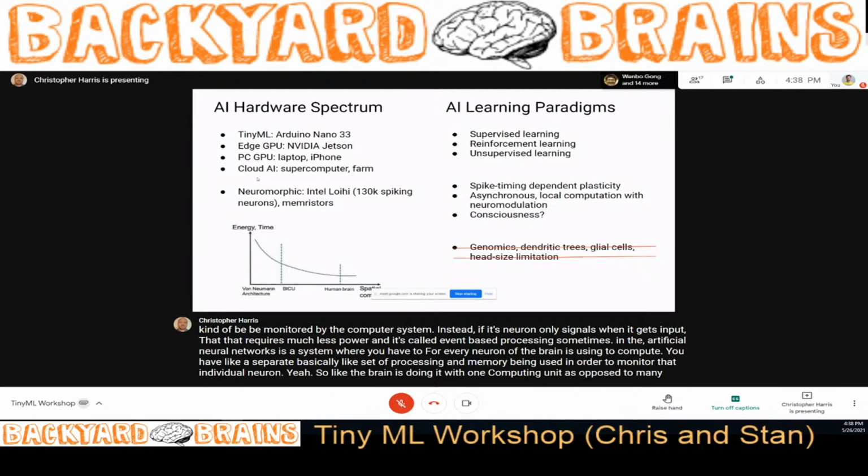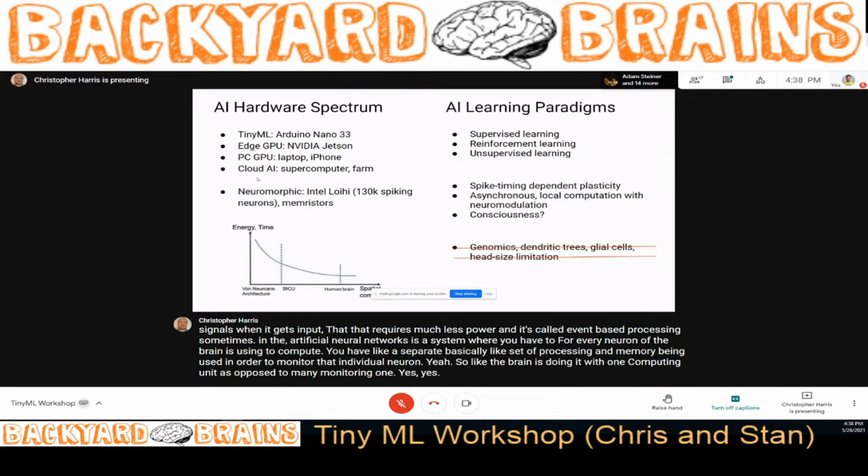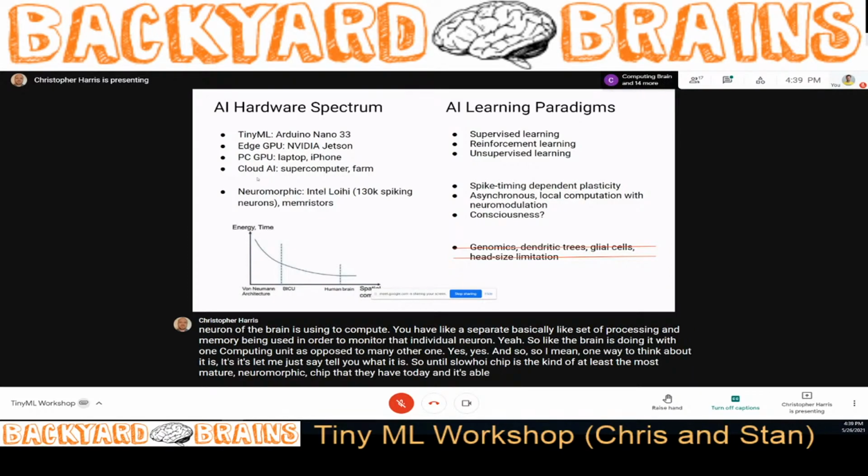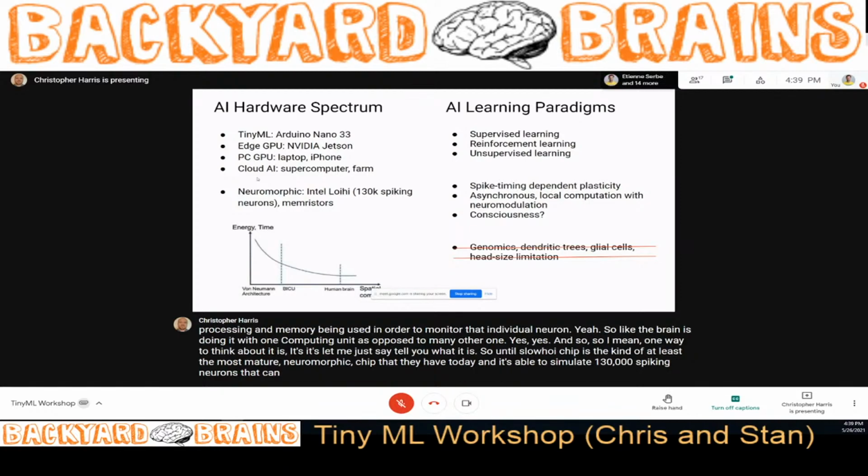So, let me just tell you what it is. Intel's Loihi chip is at least the most mature neuromorphic chip that they have today, and it's able to simulate 130,000 spiking neurons that can connect to thousands of other neurons, kind of arbitrarily.